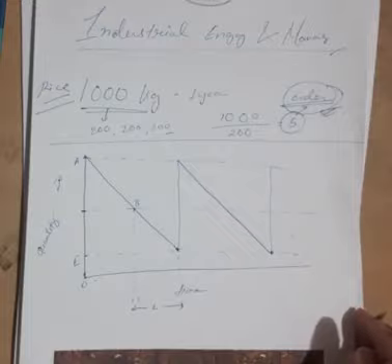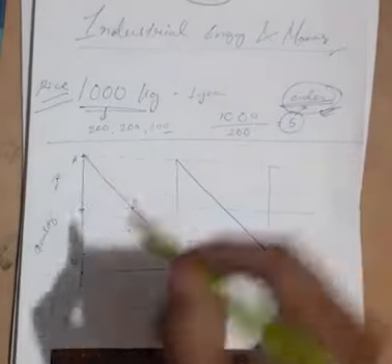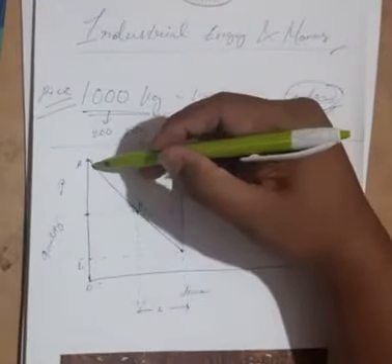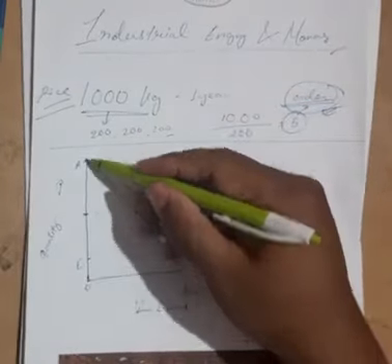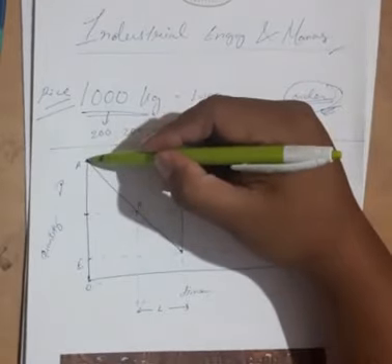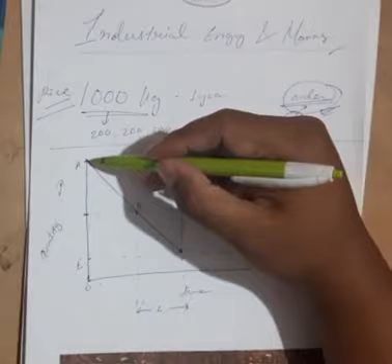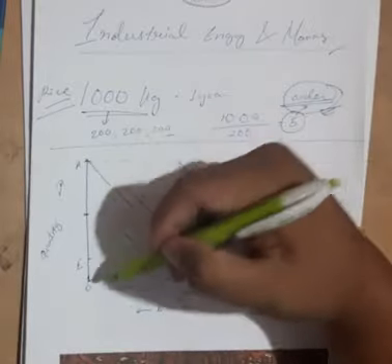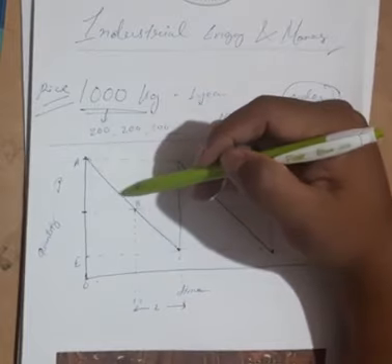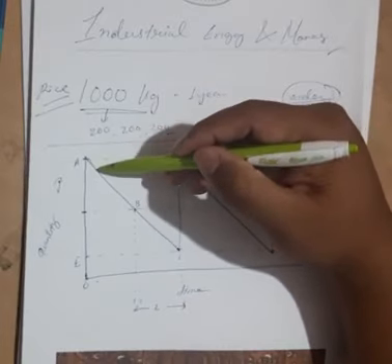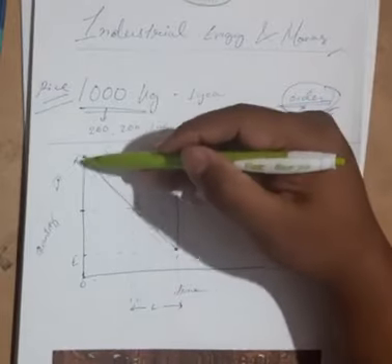This is the quantity. As time increases, your quantity decreases. Initially you have bought OA amount of quantity for an industry, and then gradually when you start production, your stock decreases. These are the inventories, right?